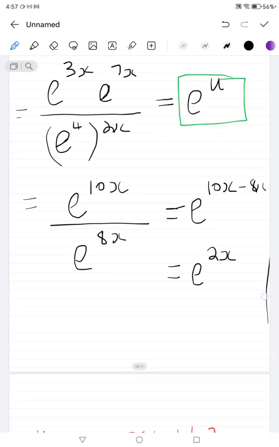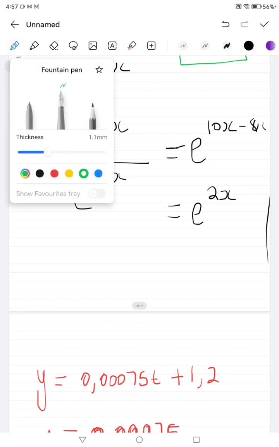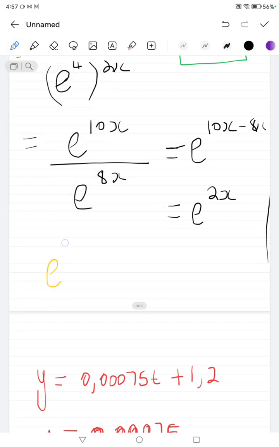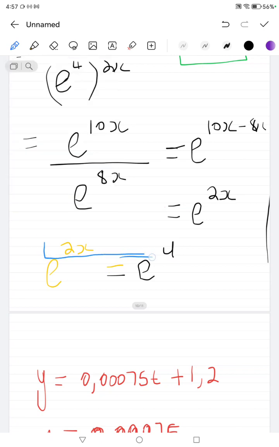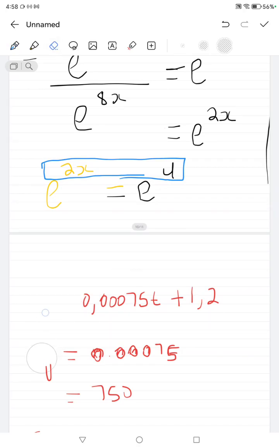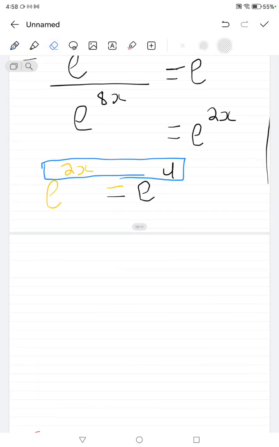You've now solved your left hand side: e to the exponent 2x equals e to the exponent u. Since we have base e, you can equate them, and now it means u would be equal to 2x. As simple as that.